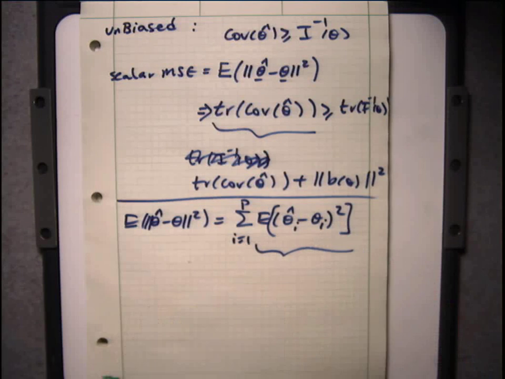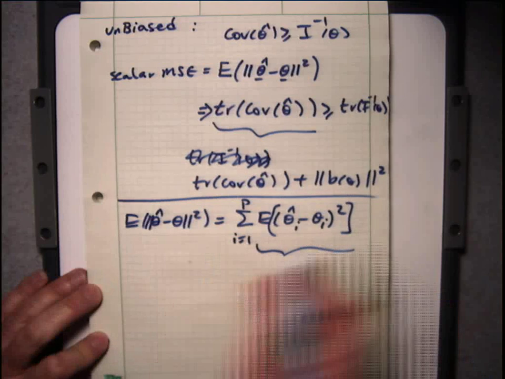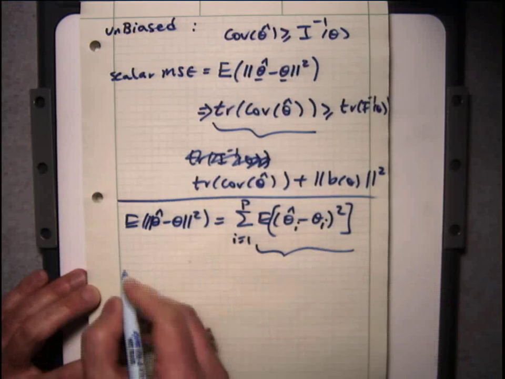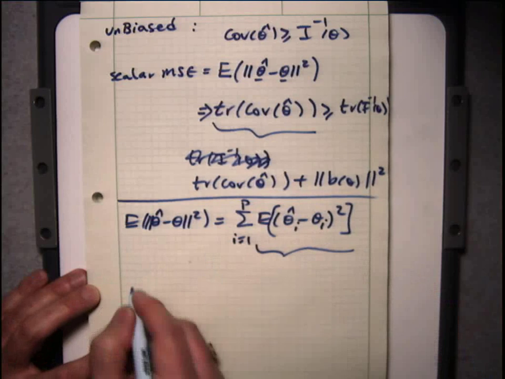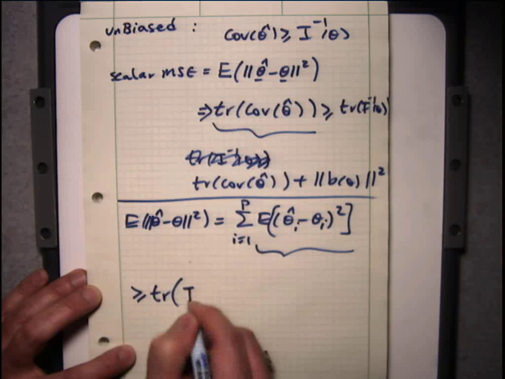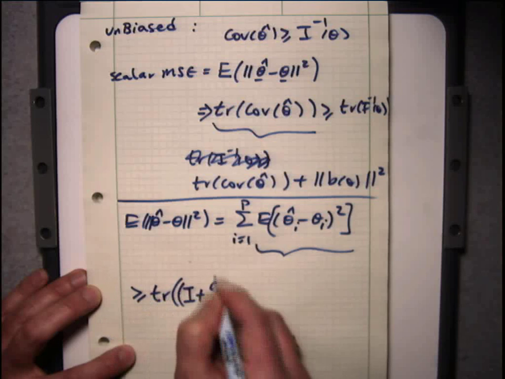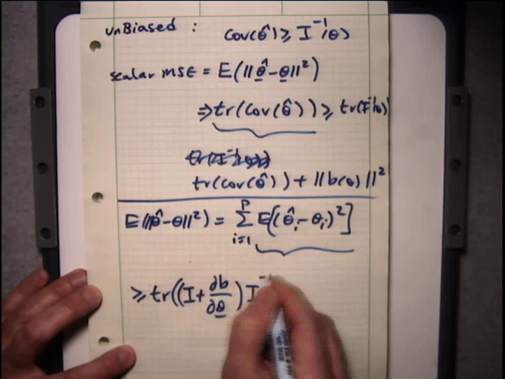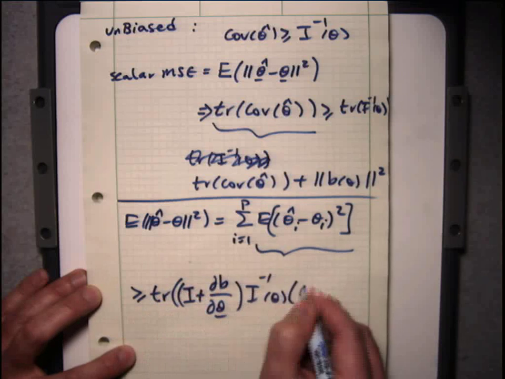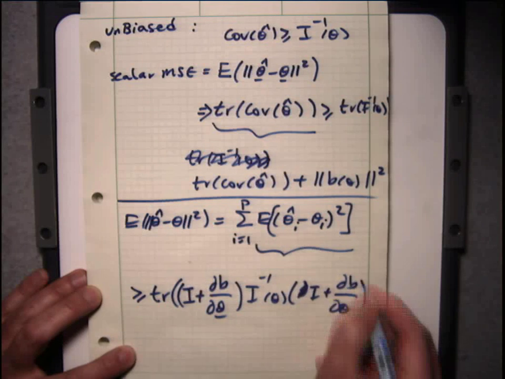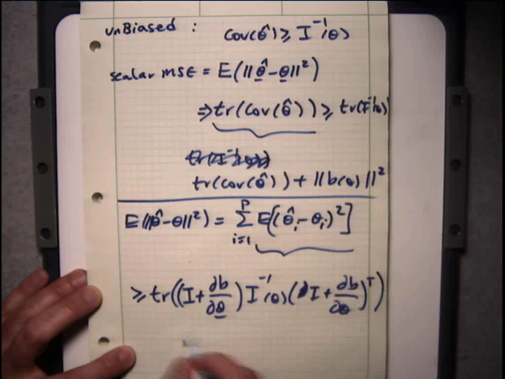Okay? So what you then have is that the lower bound to this becomes the trace of, that's a little bit messy, dB d theta times I inverse times I plus dB d theta transpose, plus the norm of the bias squared.